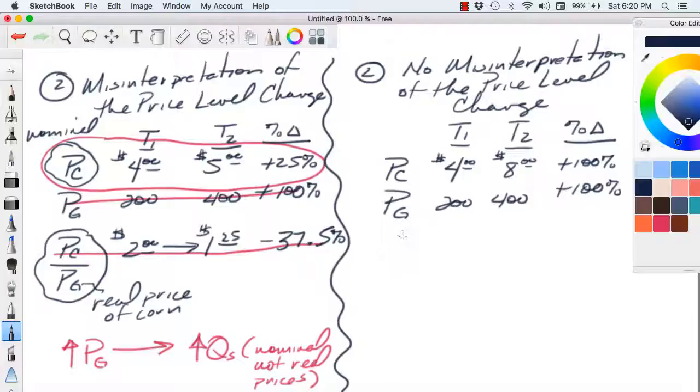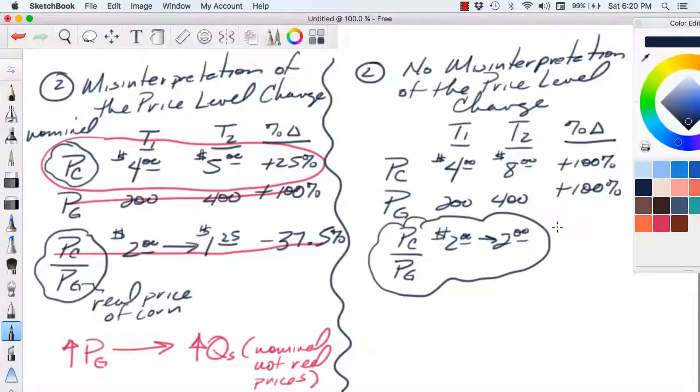Then the real price of corn, PC divided by PG, would be what? Would be $2 here and $2 here. And so if the farmer is actually focused on the real price of corn, then the real price of corn hasn't increased.